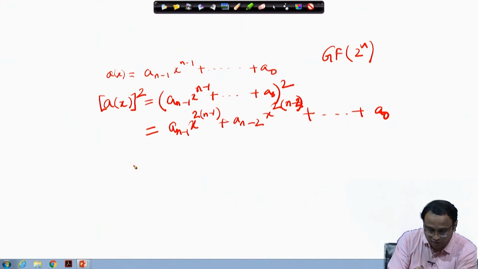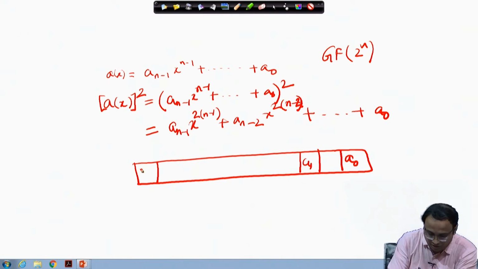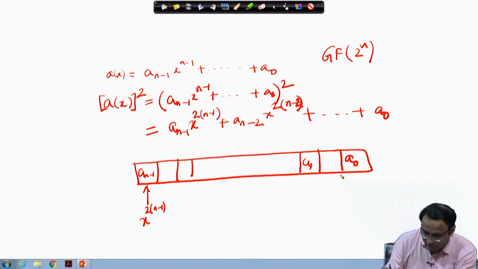So if you try to note the result, it is essentially copying the original coefficients a_0, a_1, and the final one a_{n-1}, where the coefficient of a_{n-1} is with x^{2n-2}, the coefficient of a_0 is with x^0, and the coefficient of a_1 is with x^2.